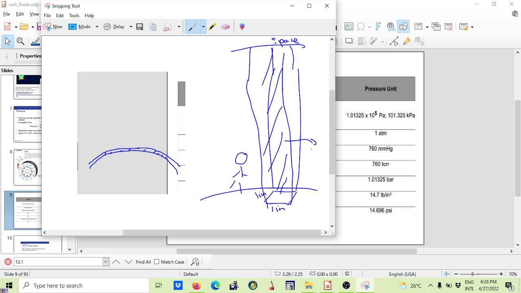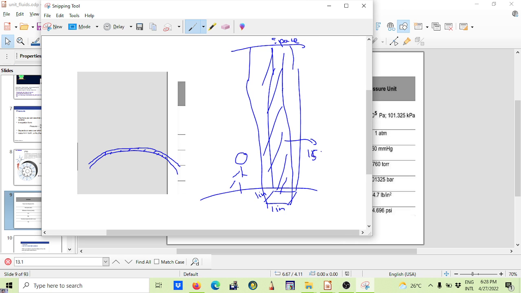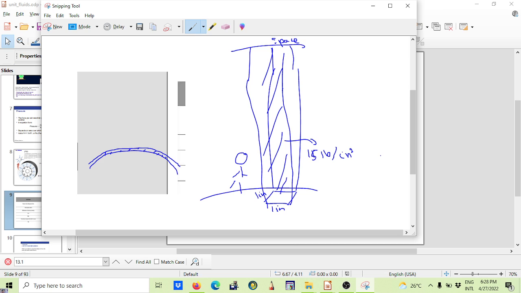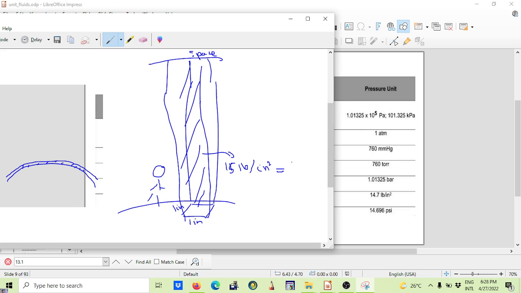So the weight here will be 15 pounds per square inch. That's going to be the same as, it says here, 10 to the 5 Newton per meter squared.